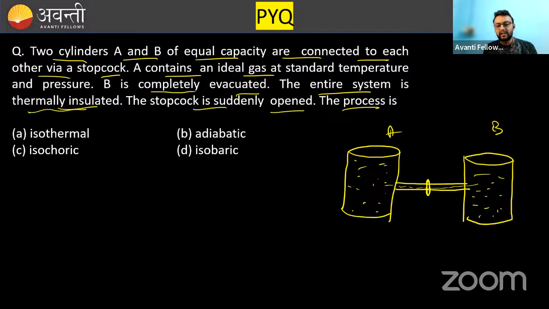The gas in container A is expanding into container B, so there is expansion and no heat transfer. The process which involves no heat transfer is known as an adiabatic process. The statement of the question is very large, but the conclusion depends only on this term, thermally insulated. That means no heat can be transferred, so the process is adiabatic. Clear?